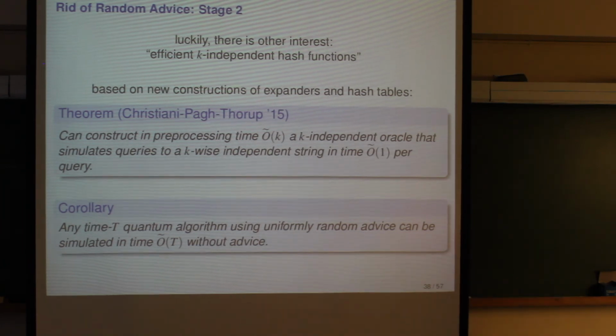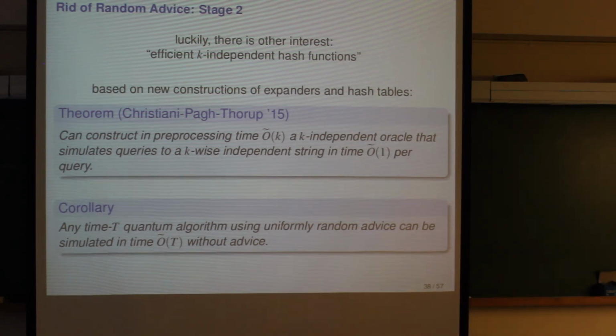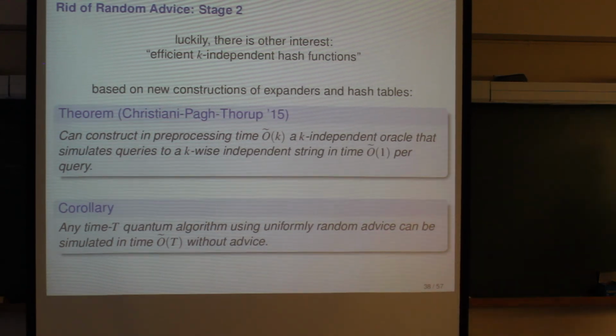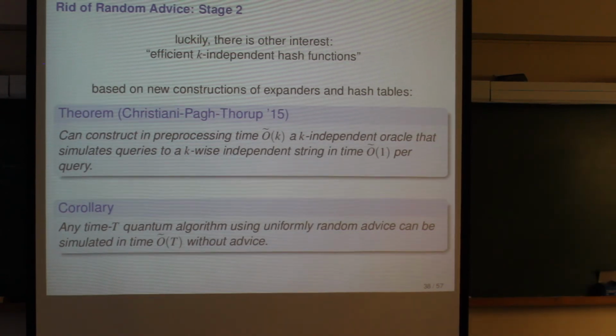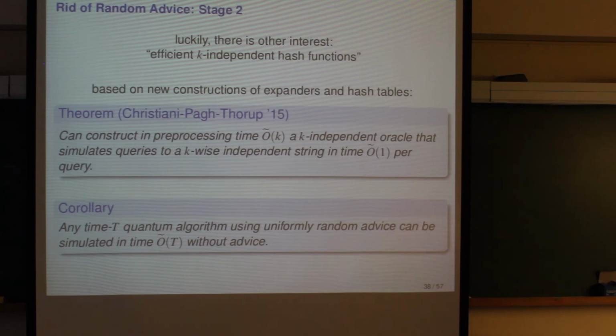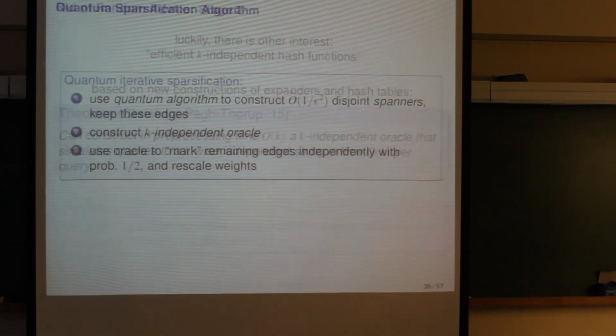This gives us the following corollary: any time t quantum algorithm that uses uniformly random advice can actually be simulated in time Õ(t) without advice. That's nice because it allowed us throughout our work to always assume that we have this random advice string, and then afterwards we just simulate this string and get rid of it.